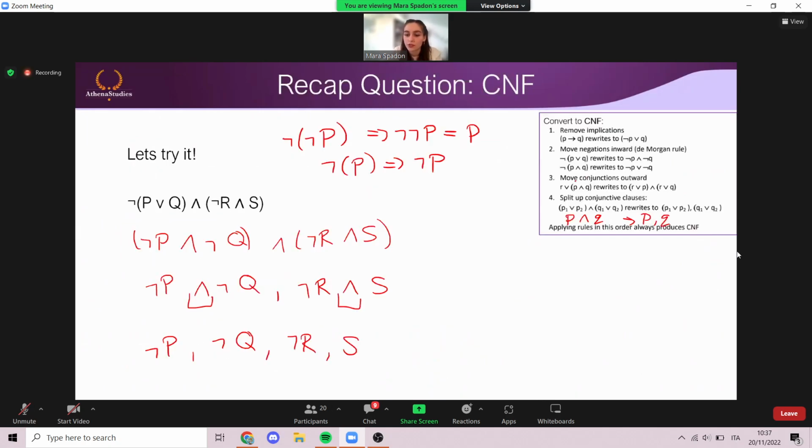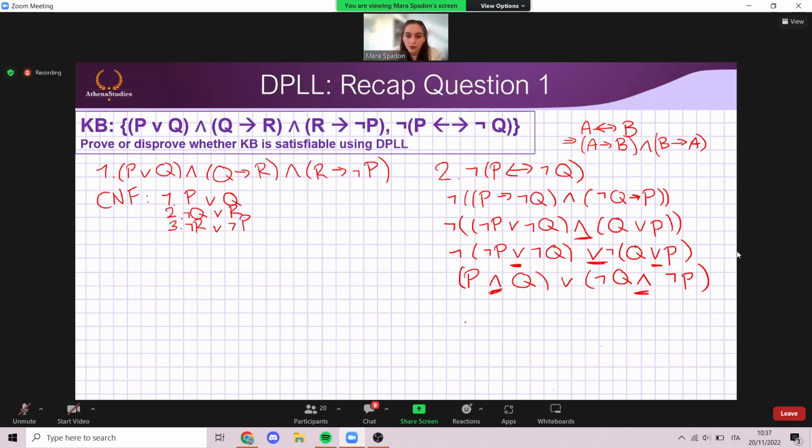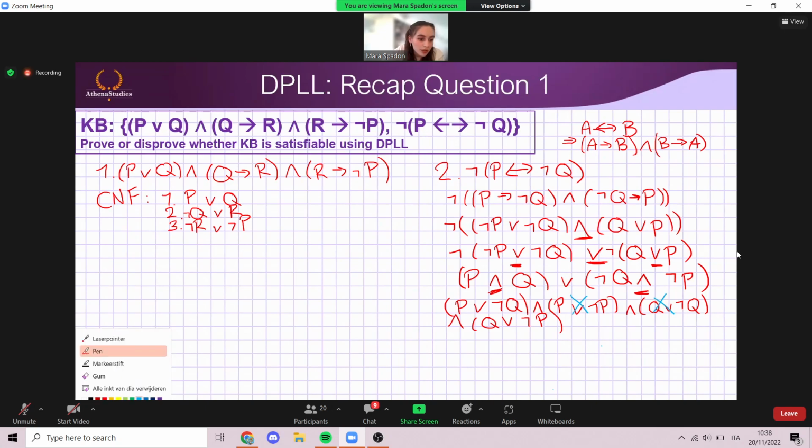Okay, so what do we do next? We distribute the disjunctions over the conjunctions, right? So we would get P or not Q and P or not P and Q or not Q and Q or not P. In our case here, we can get rid of these two, because even if you set the value to true or false, it will always yield true.